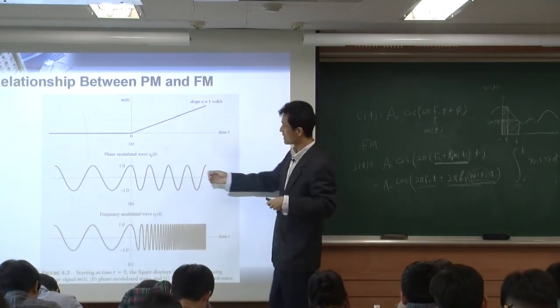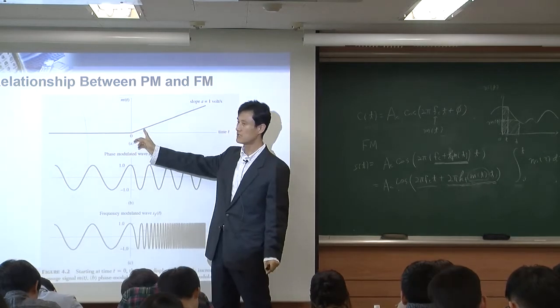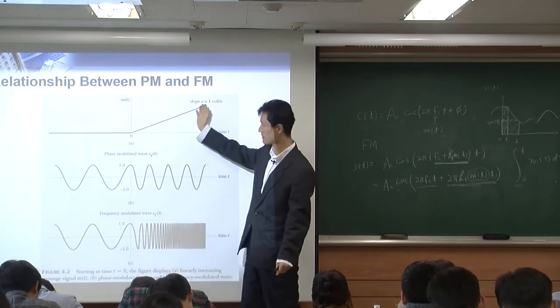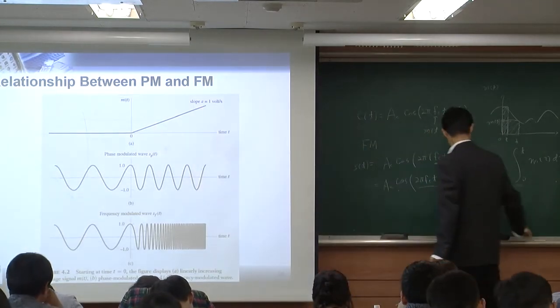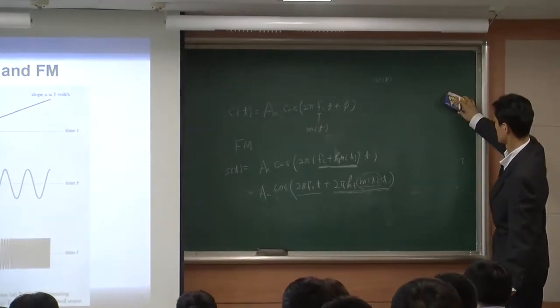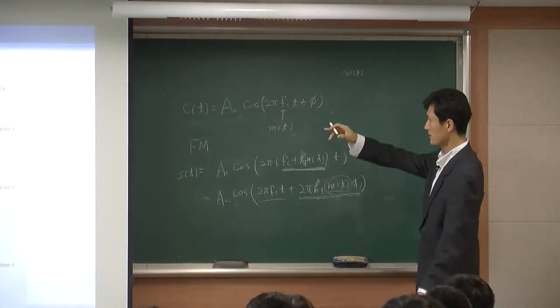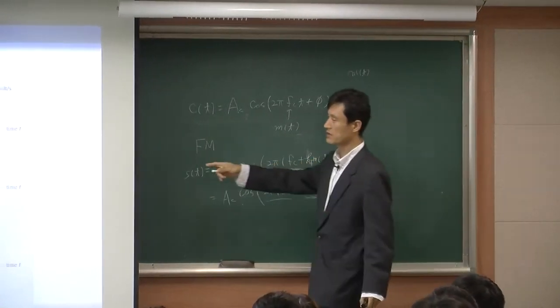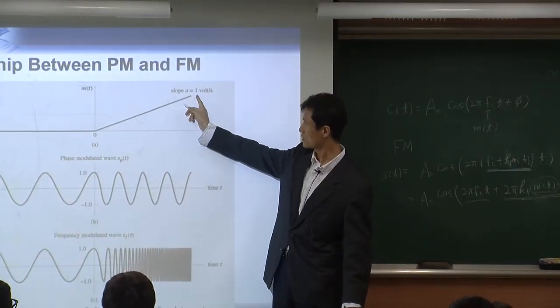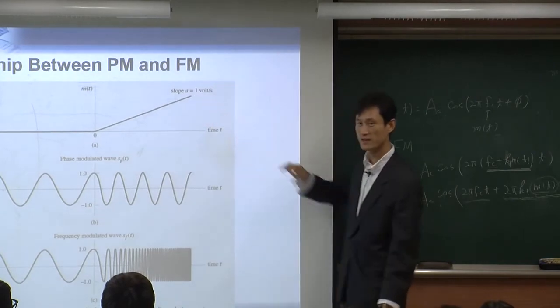Now let's start to increase your message in a linear way, like this. Your m(t) message goes up linearly. Let's say in the linear curve, our slope is a. Here a is equal to 1, but let's just say a.